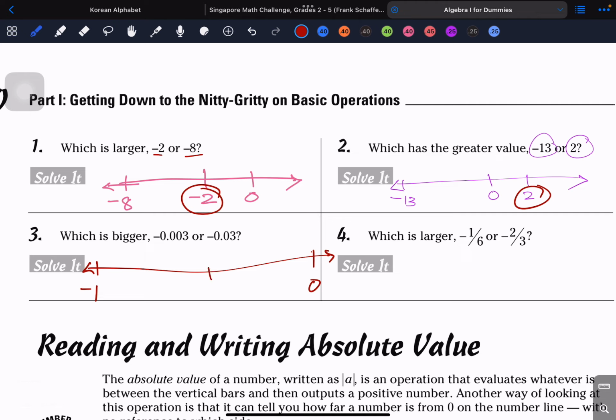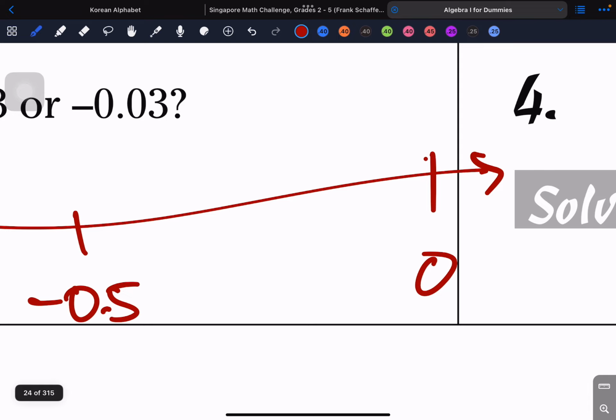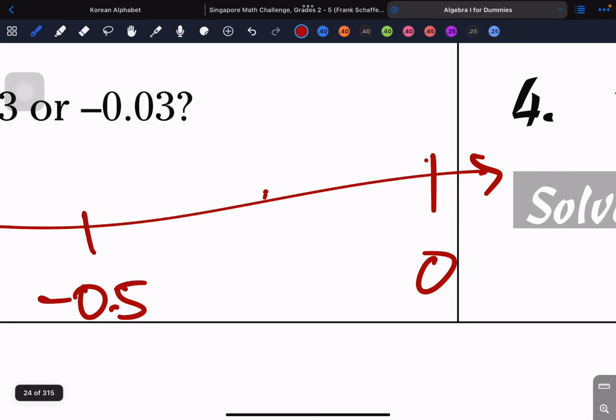Ito yung negative 0.5. Diba? Tapos sa gitna niyan ay negative 0.05.